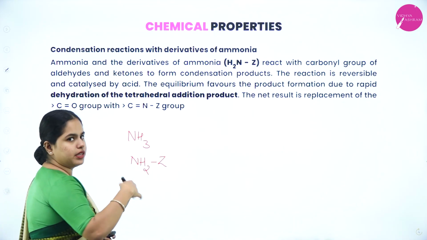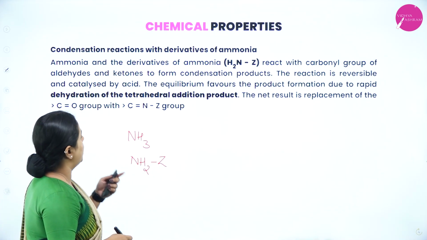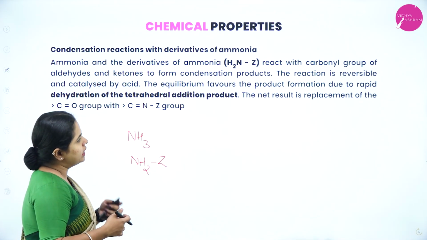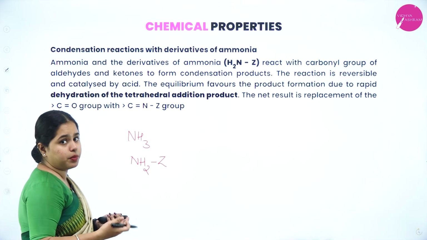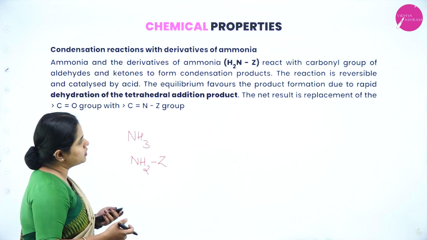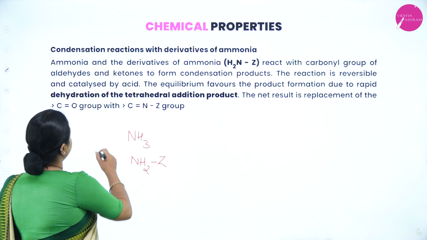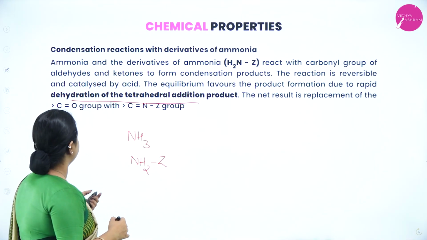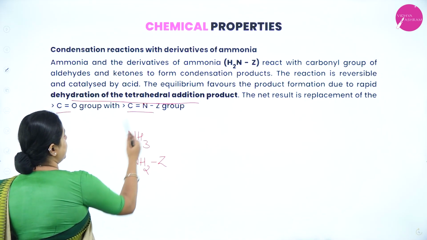This Z will be the other substituent. It reacts with the carbonyl group of aldehydes and ketones to form condensation products. The reaction is reversible and catalyzed by acid. The equilibrium favors the product formation due to the dehydration of the tetrahedral addition product. The net result is replacement of the C=O group with the C=NZ group.